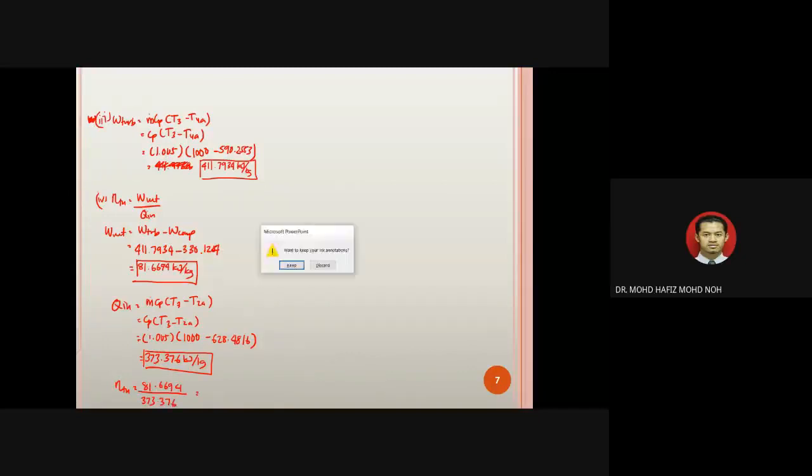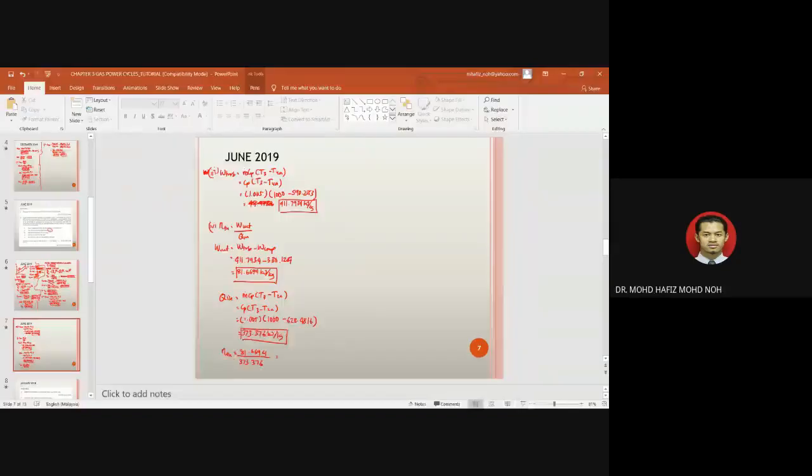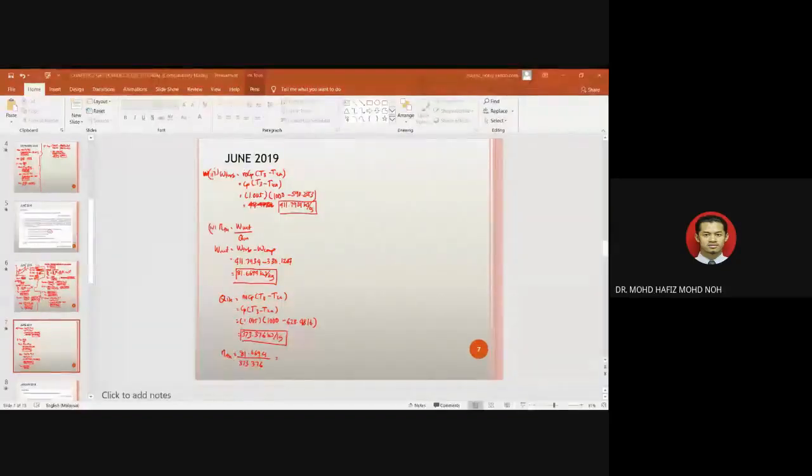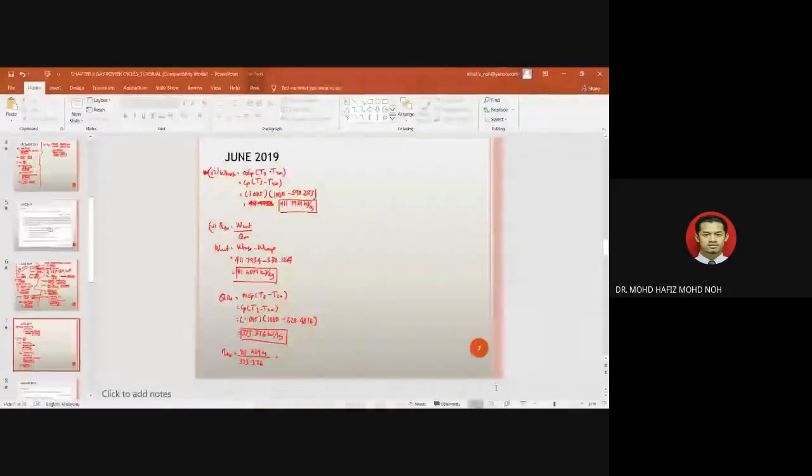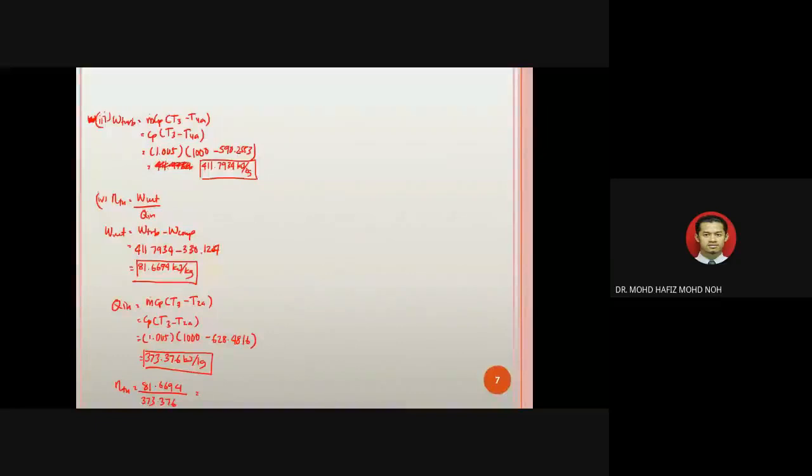From here, the value of thermal efficiency is equal to 0.219.